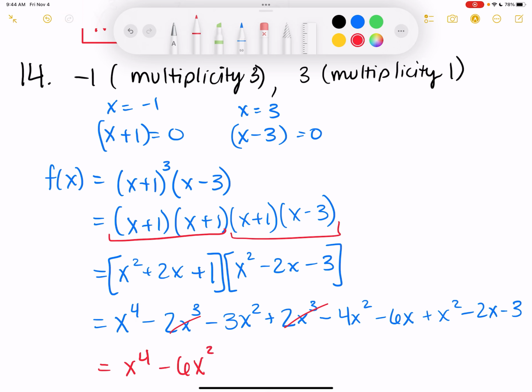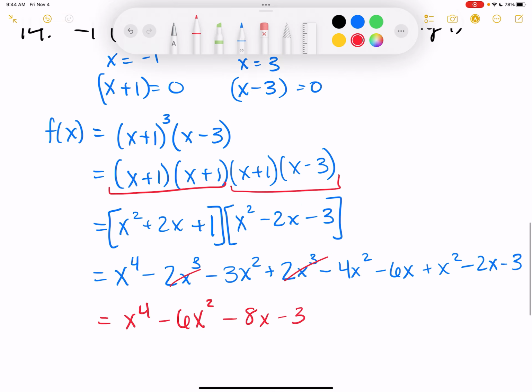And then minus 8x minus 3. Is that what y'all got? Yes, that is what I want.